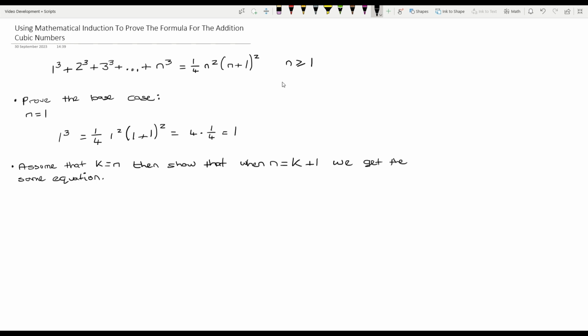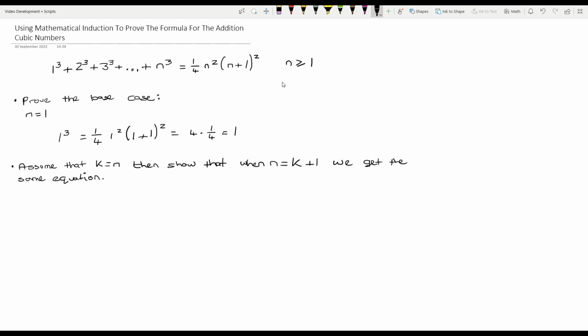With k, when k equals n, we're just going to have the same as the equation up here with k in it. Now, when we've got k plus 1, we'll substitute k plus 1 into n. So we will have the same equation, but with an extra term on it.